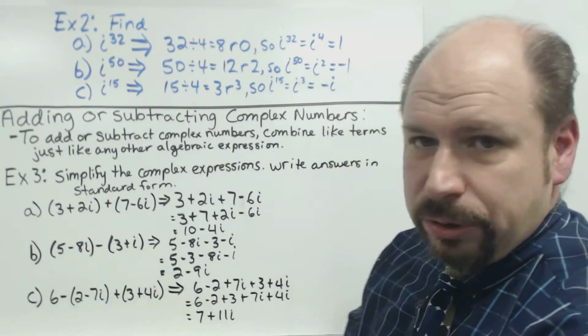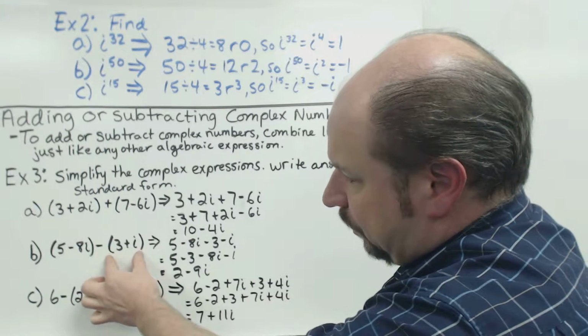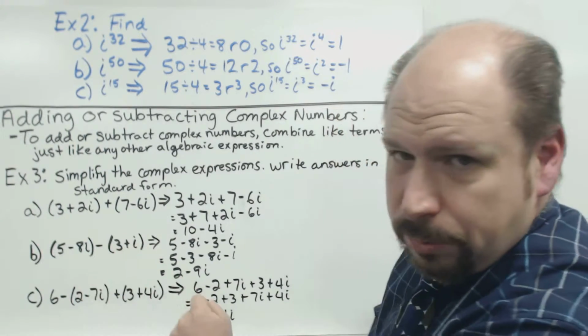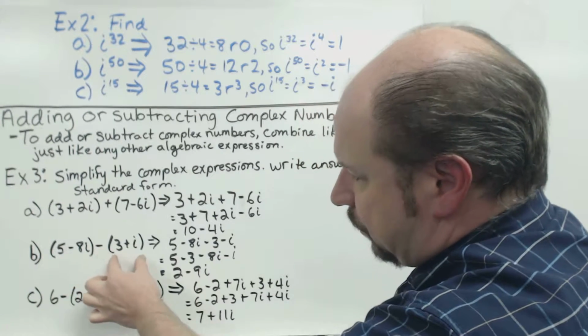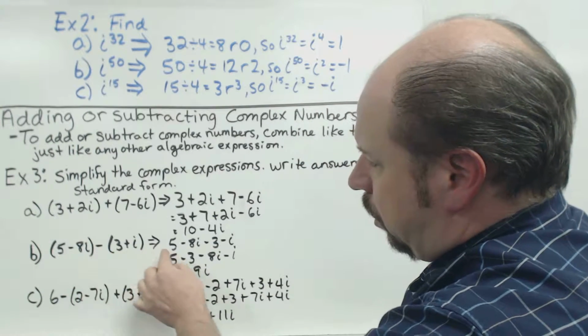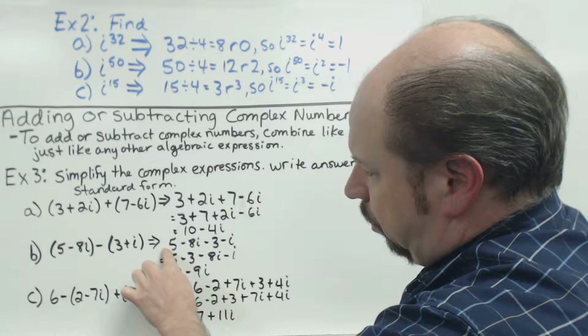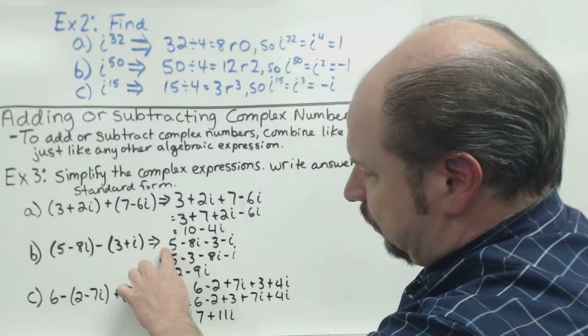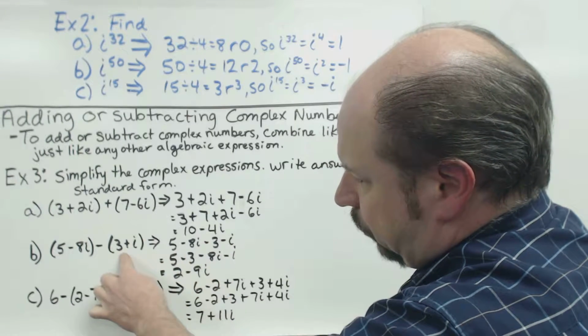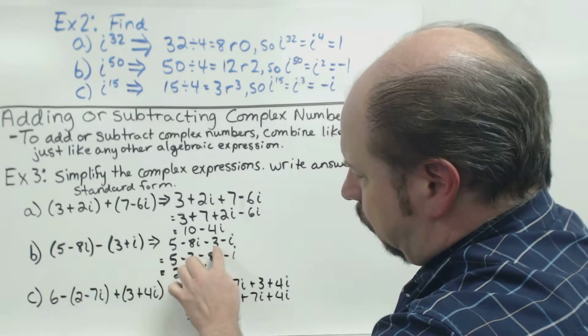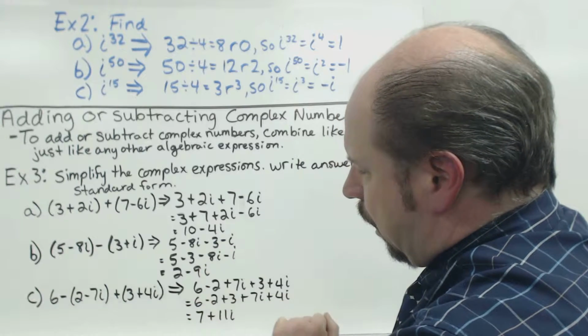Okay, so down here, the one thing we have to be careful of, since this is in parentheses here, we do have to distribute the negative sign. So (5 - 8i) - (3 + i). So if I started out here, get rid of the parentheses. 5 - 8i, here's this one, minus, and we have to distribute the negative sign, so minus 3, and then minus i.